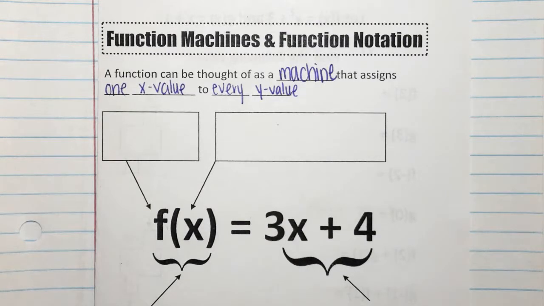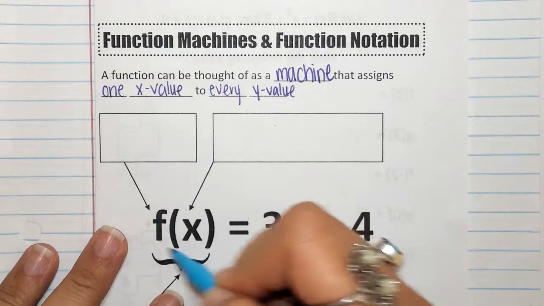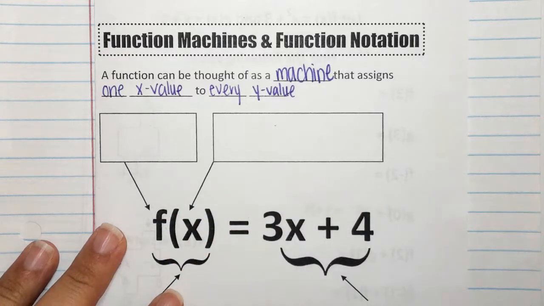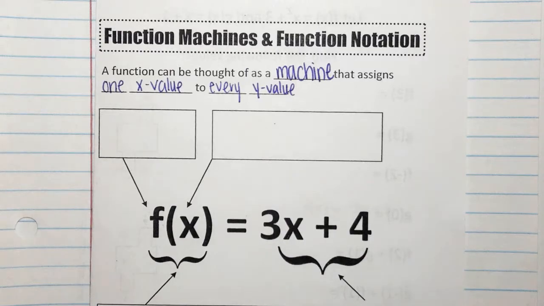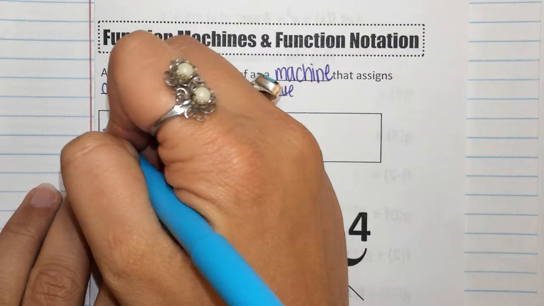We have special parts of function notation. So this right here is called function notation, and it's the same thing as if you wrote y. If we wrote y equals 3x plus 4, it would be the same thing, but we're fancy and we're going to write f at x. So f is the name of the function.